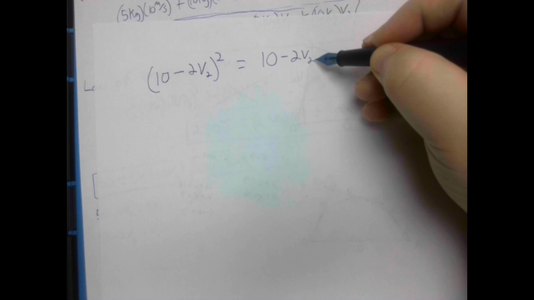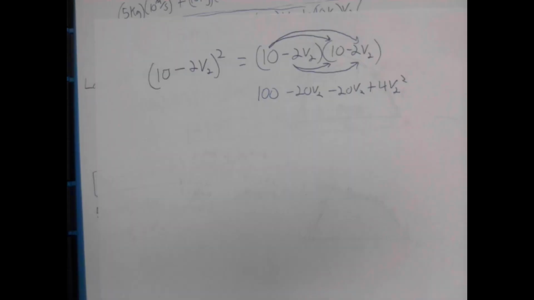Now this times that is negative 2v2 times 10, so negative 20v2. And then negative 2v2 times negative 2v2 is a positive 4v2 squared. Then you can group it together: 100 minus 40v2 plus 4v2 squared. This is known as the FOIL method.